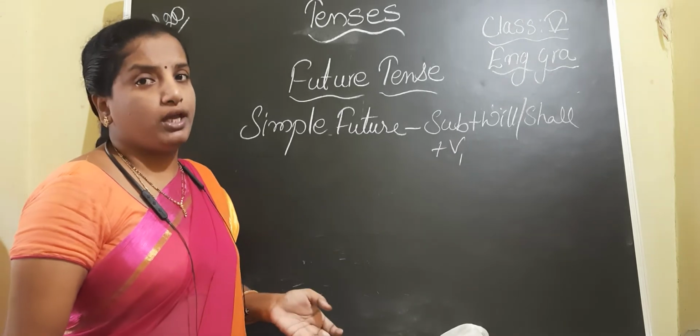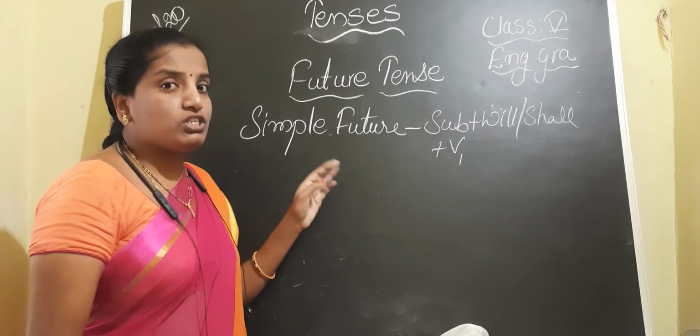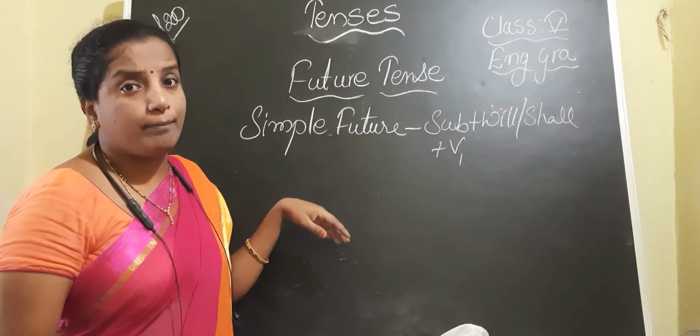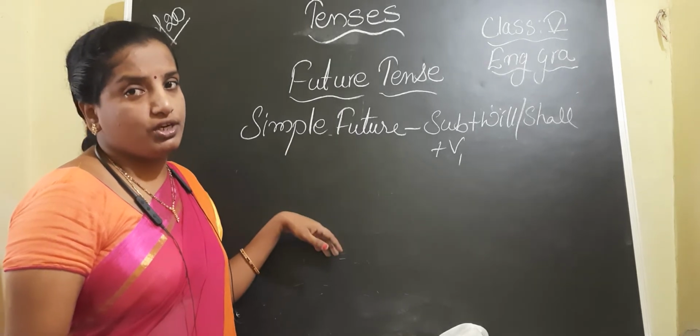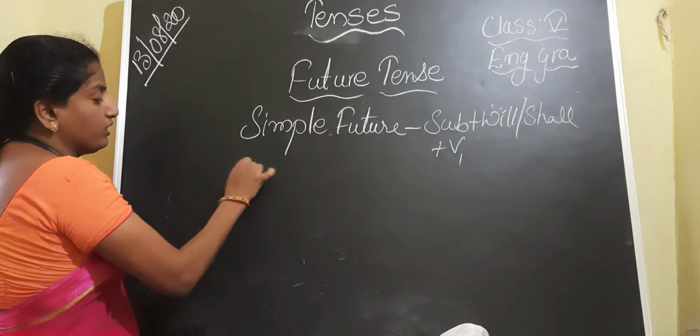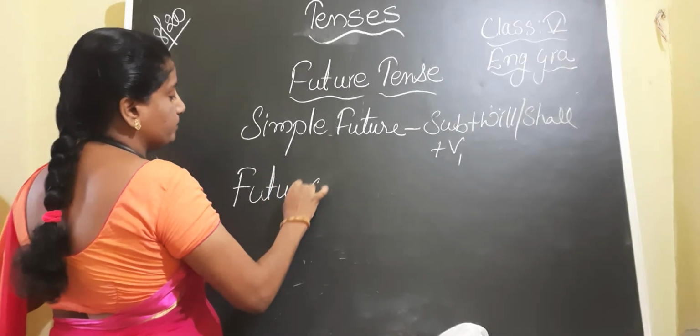I will go to temple means after some time I will do that work. The work which we do after the time of the speaking is denoted by simple future. Is it clear?